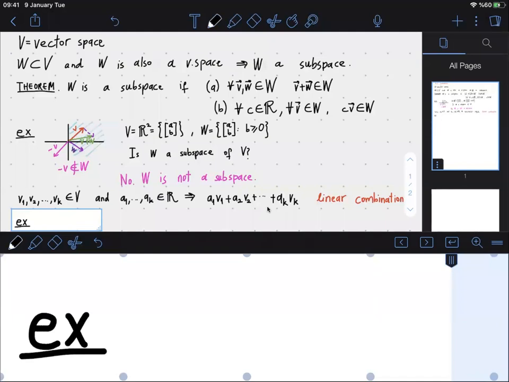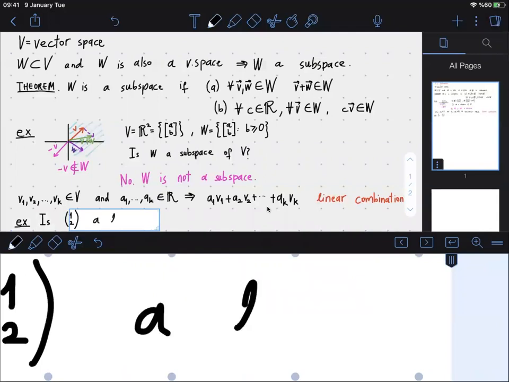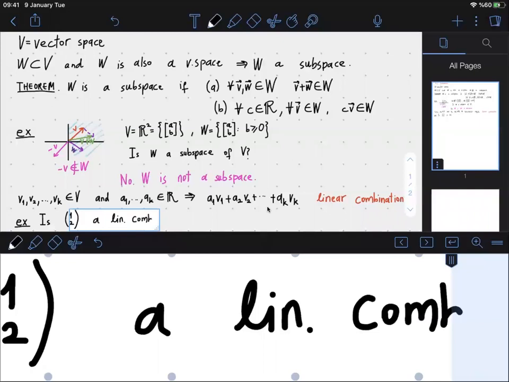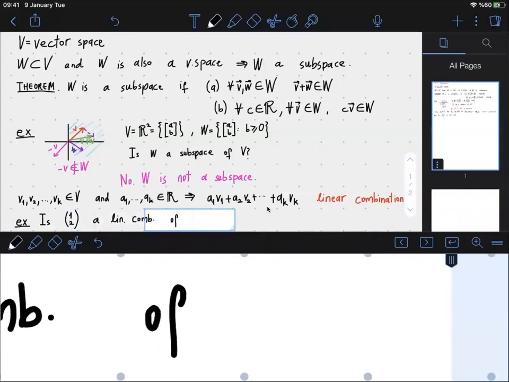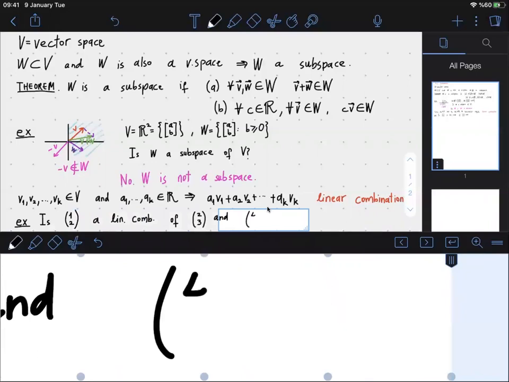The question is this: is the vector 1, 2 a linear combination of the vectors 2, 3 and 4, 6?